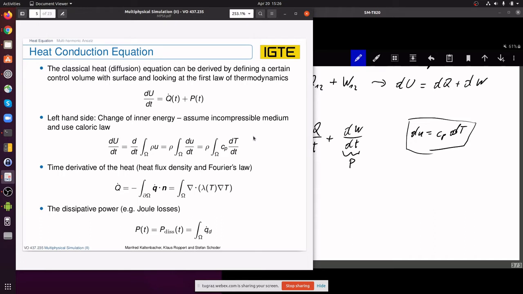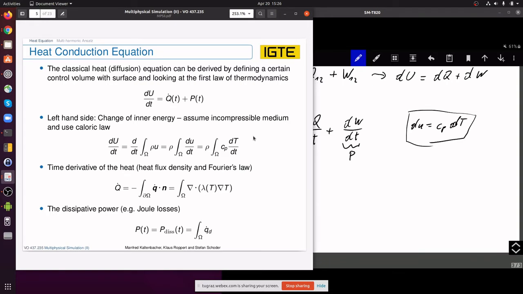The next step is that we're using Fourier's law. And Fourier's law simply is that the heat flux density vector is the negative of a heat conduction coefficient, which can be temperature dependent.